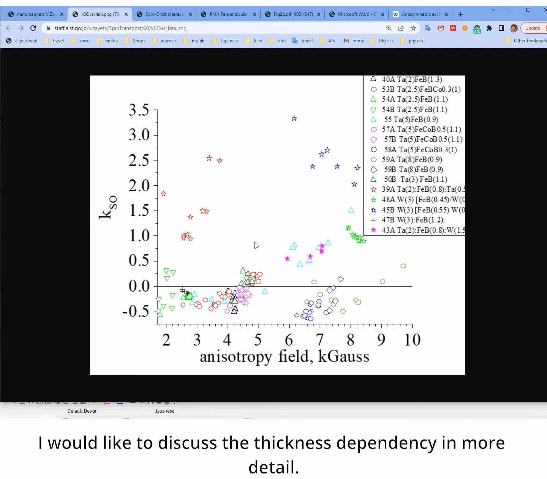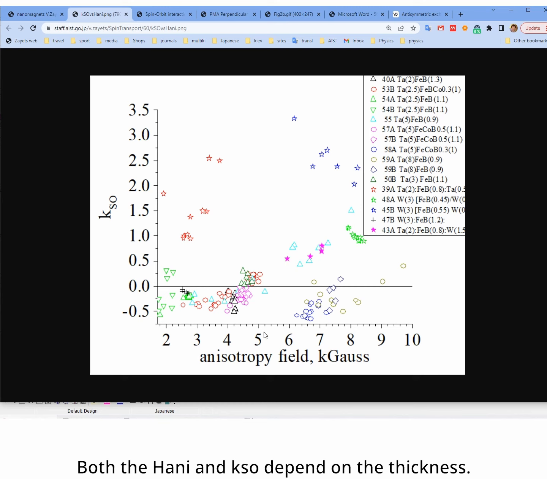I would like to discuss the thickness dependencies in more detail. Both the anisotropic field and the coefficient of spin-orbit interaction depend on the thickness. Usually, the interface contribution to the coefficient of spin-orbit interaction is positive, and the bulk contribution is negative.